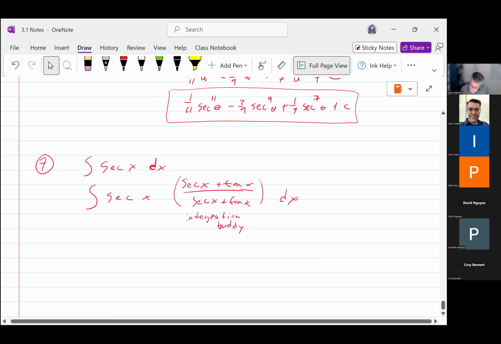If I distribute the secant, you can see what happens is I get secant squared x plus secant x tangent x on the top.